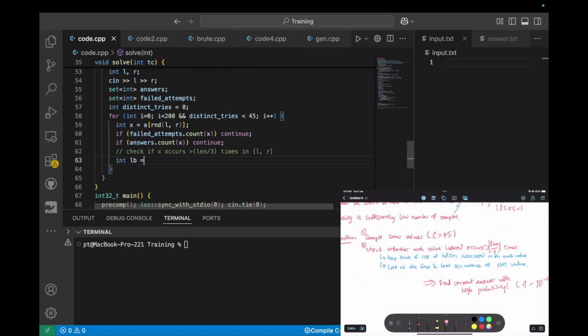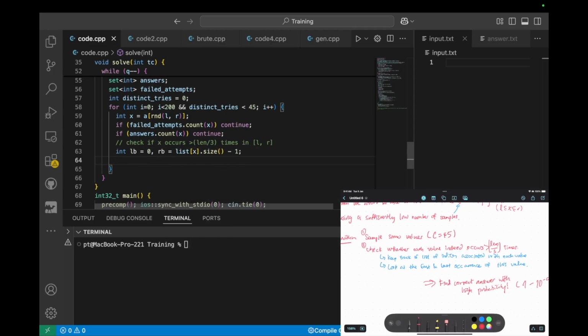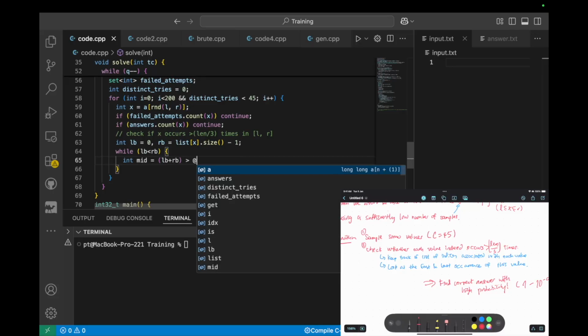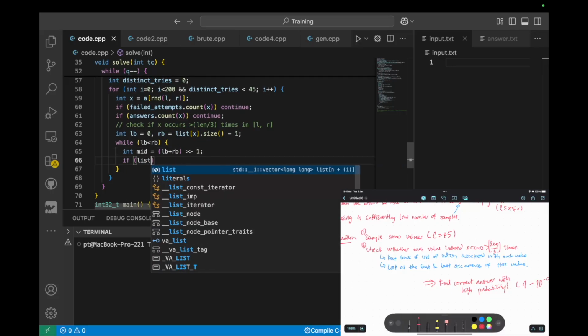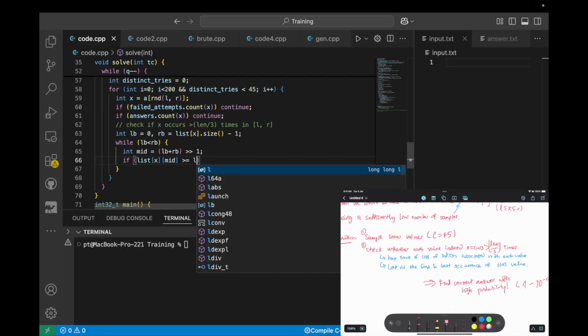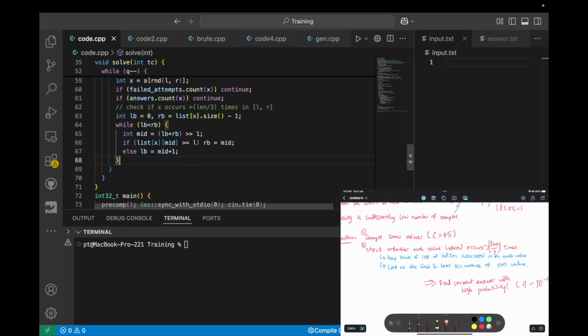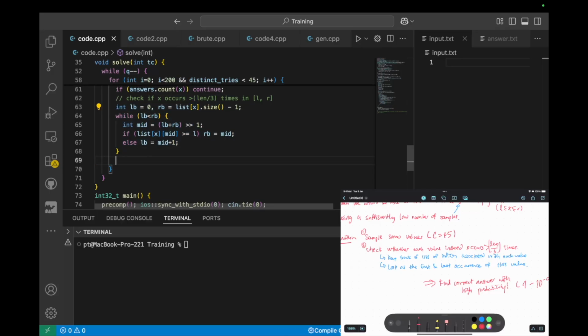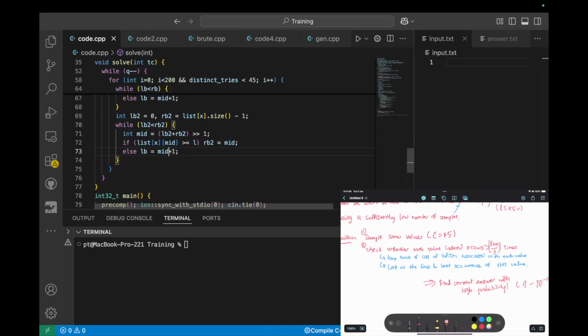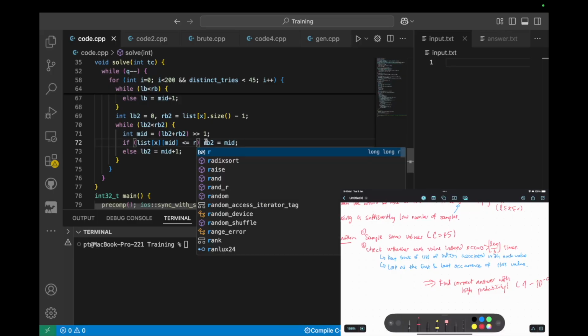So we're just going to binary search on this list, and then we see the borders within which x occurs in L to R. Here we firstly binary search for the lower bound, and then secondly, we search for the upper bound. So here it would be the greater than or equal to L and smaller than or equal to R.